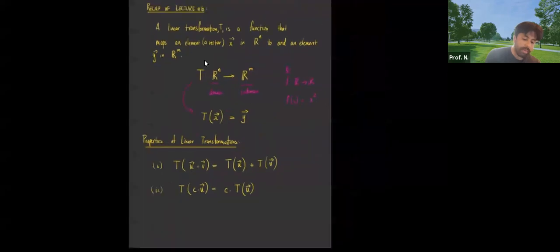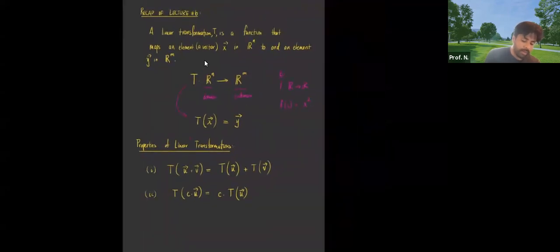Transformations that don't abide by these properties are not linear. And what's cool about linear transformations is that there are matrices associated with them. So that's where we have associated matrices of linear transformations.